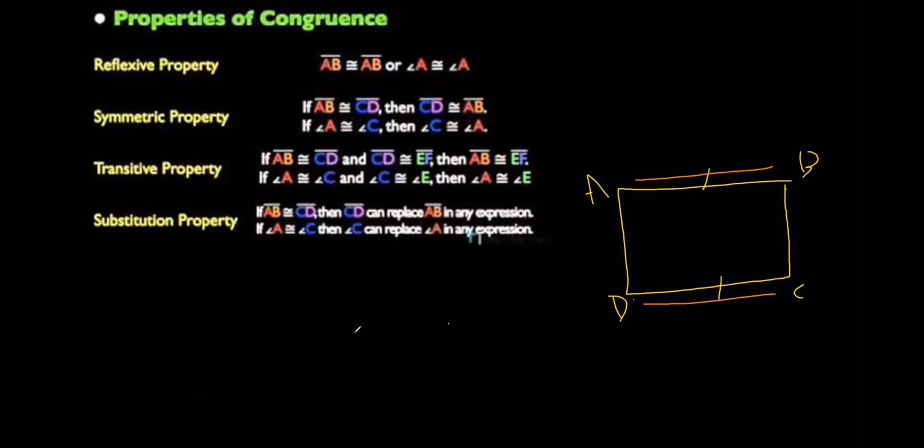Like changing the order in addition: 3 plus 4 is equal to 4 plus 3. Or 3 equals 3, or 3 is equal to 2 plus 1, so 2 plus 1 equals 3. Is it right?